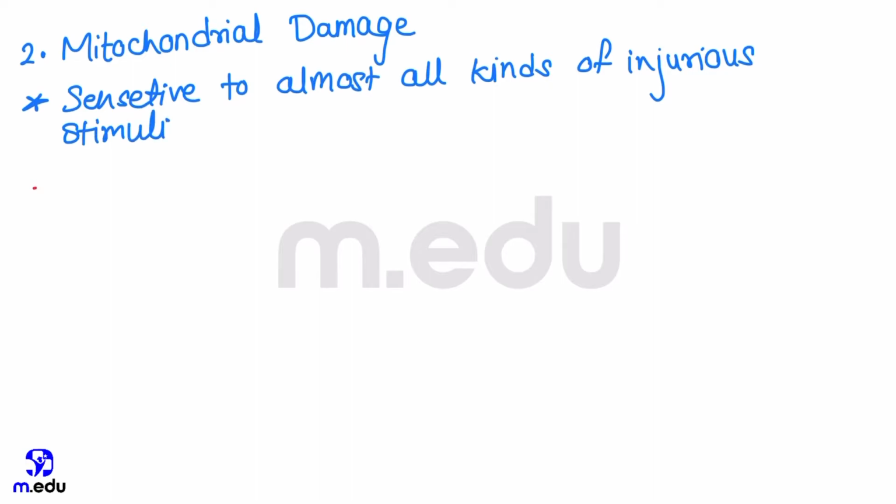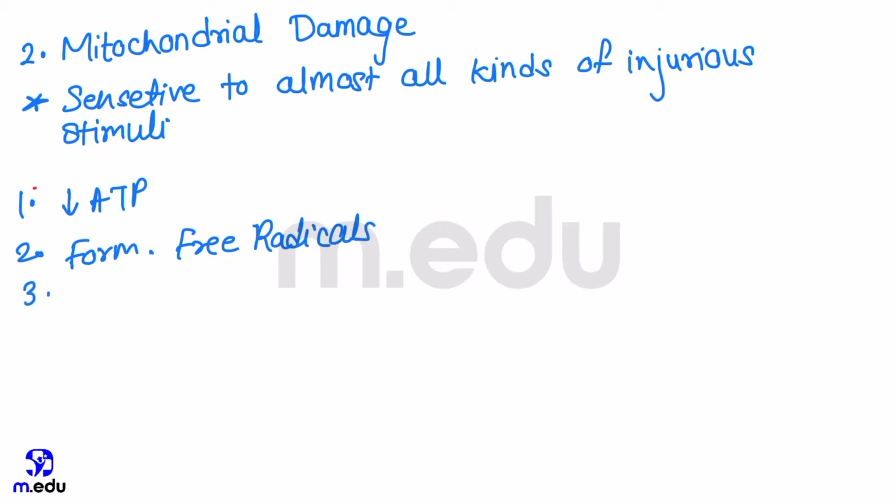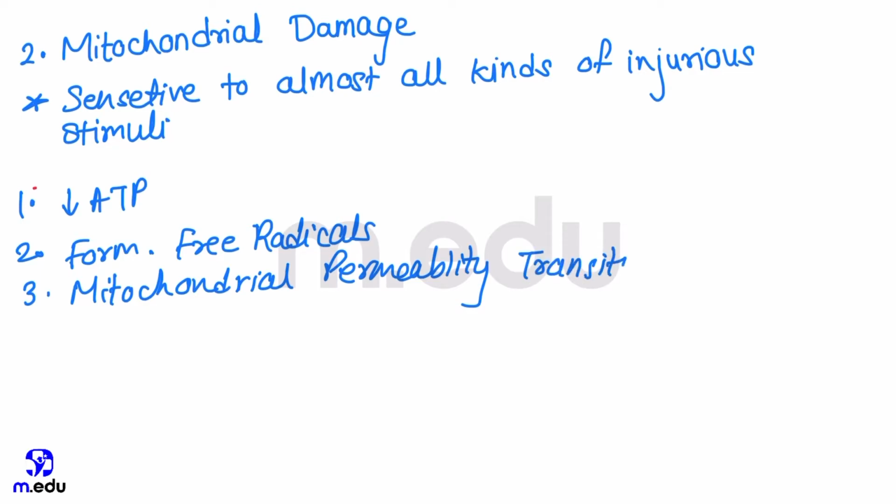So when there is mitochondrial damage, it results into number one, decreased ATP, number two, formation of free radicals, number three, formation of mitochondrial permeability transition pore, and finally the leakage of mitochondrial protein.